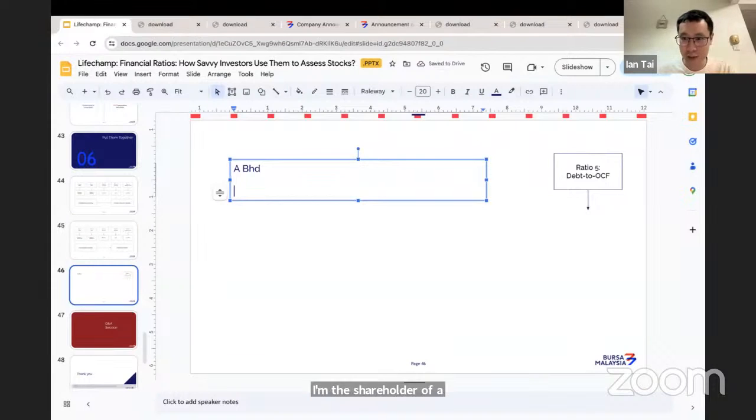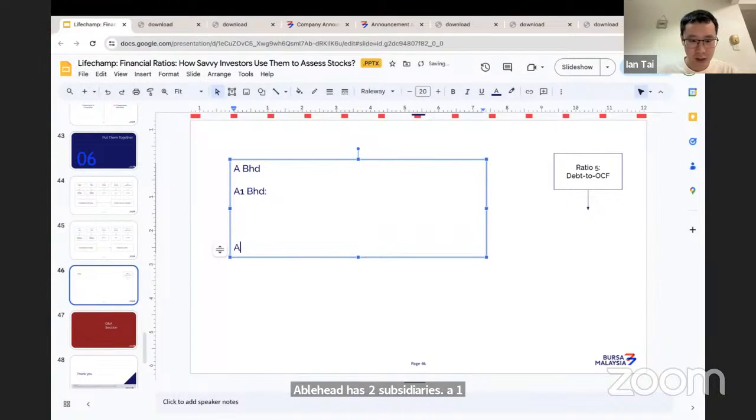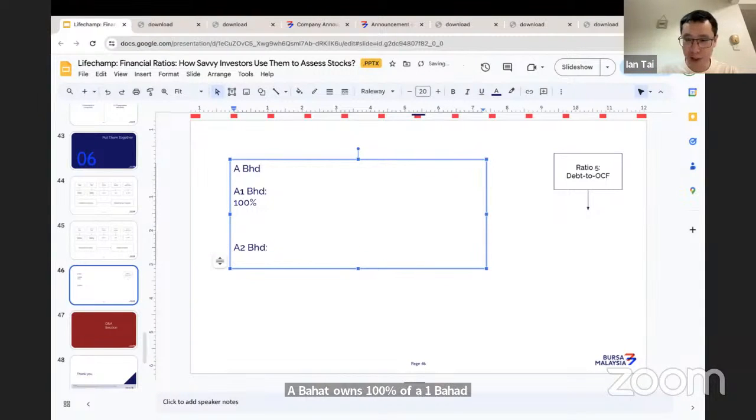A Berhad has two subsidiaries, A1 Berhad and A2 Berhad. A Berhad owns 100% of A1 Berhad. A Berhad owns 80% of A2 Berhad.